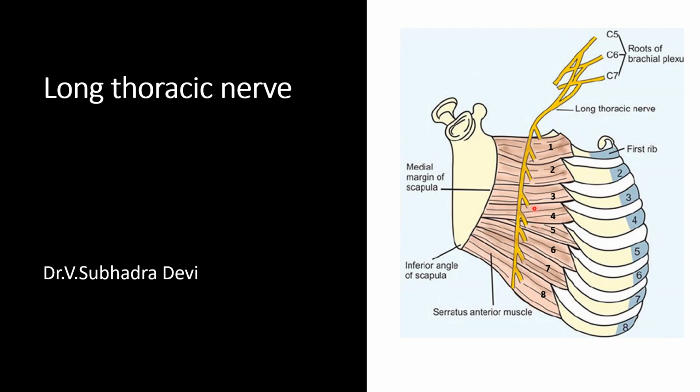Serratus anterior muscle is a broad sheet of muscle which covers the side wall of the thorax. It originates by 8 digitations from the upper 8 ribs which you are seeing in this picture, and it gets inserted into the costal surface of the scapula along its medial border.